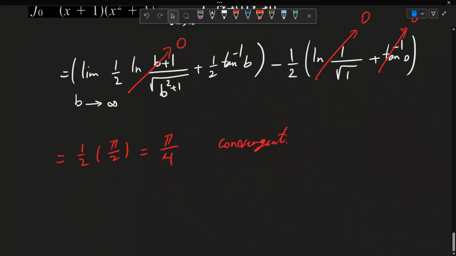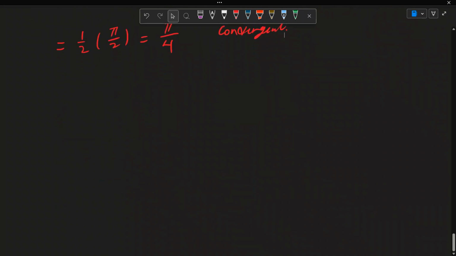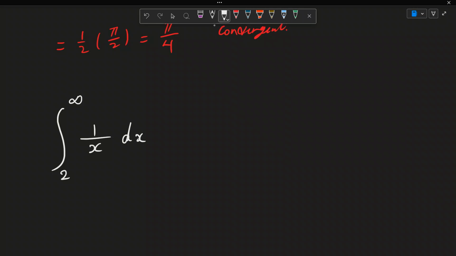Now let's see a divergent improper integral also. Imagine we have the integral of one over x ln x from 2 to infinity. So this is first type.